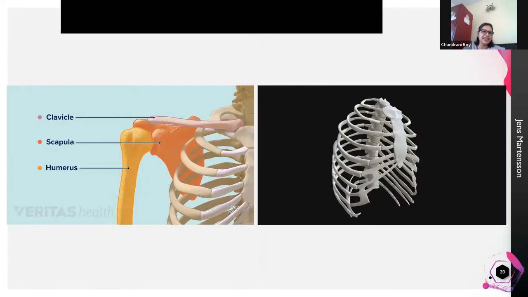And then here I have some diagrams, pictures, etc., which help children to understand. We can download the images, take printouts and fix them in the classroom, because for children to understand the 3D view of the rib cage, it takes some time.